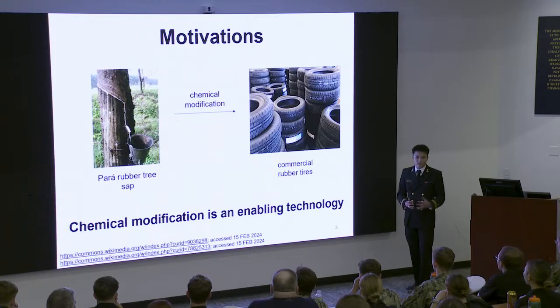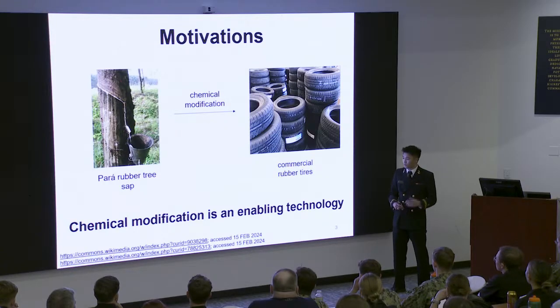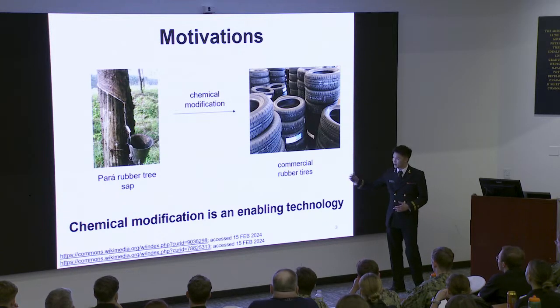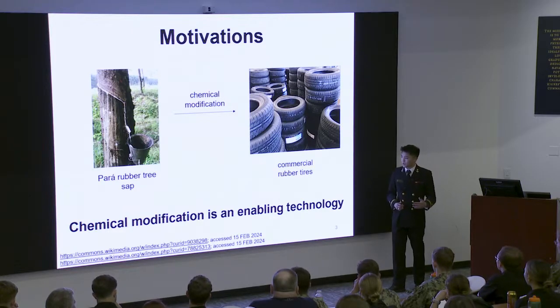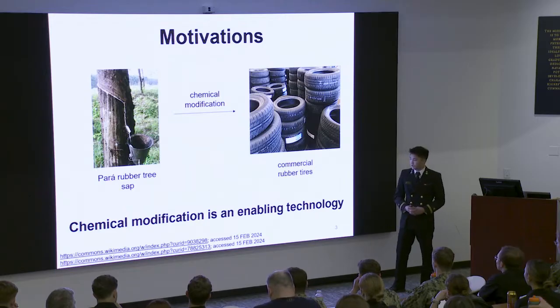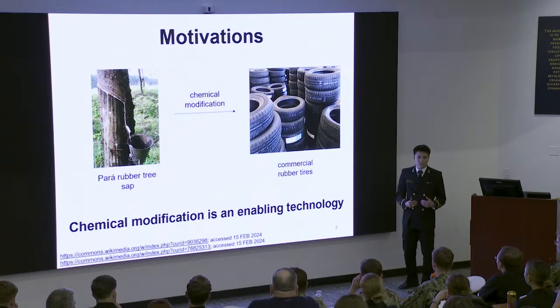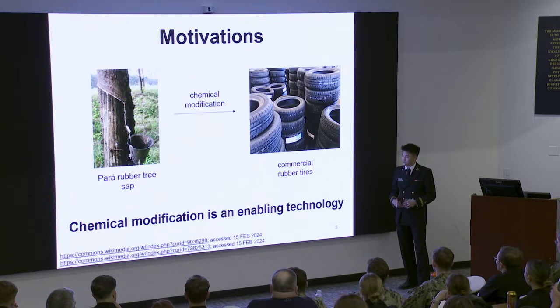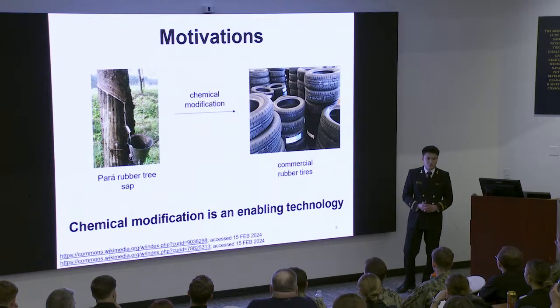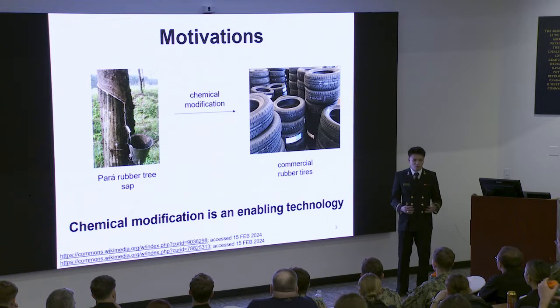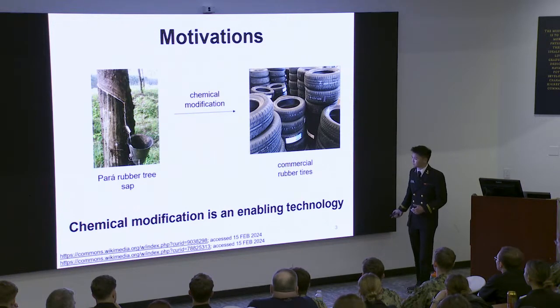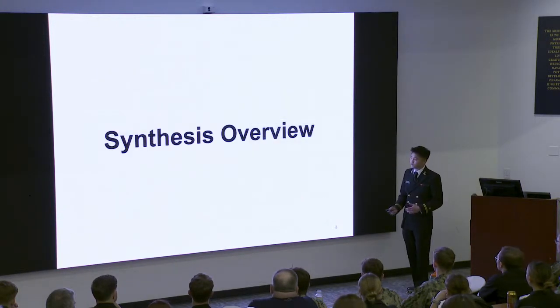Both the evolution of aspirin from the bark of the willow tree as well as the tire from the sap of the para rubber tree relied upon chemical modifications of substances found in nature. My project describes the development of new chemical modifications, also known as chemical synthesis, with potential applications for pharmaceuticals and materials. So here's a quick overview of synthesis.